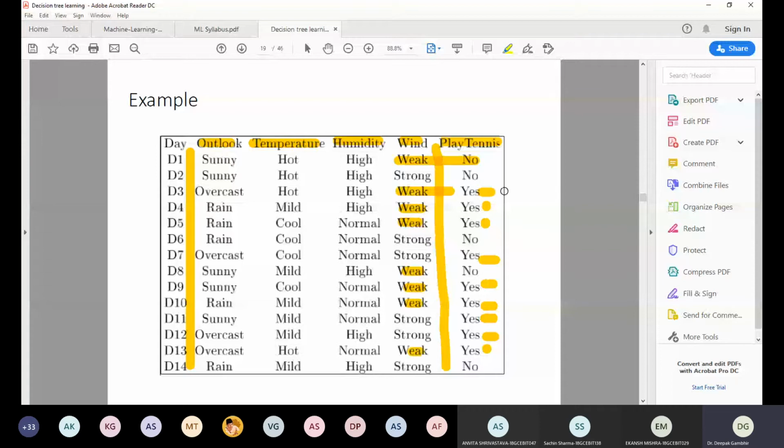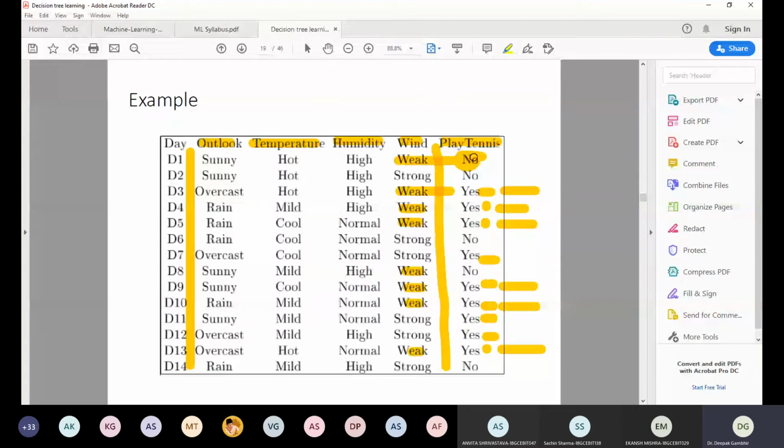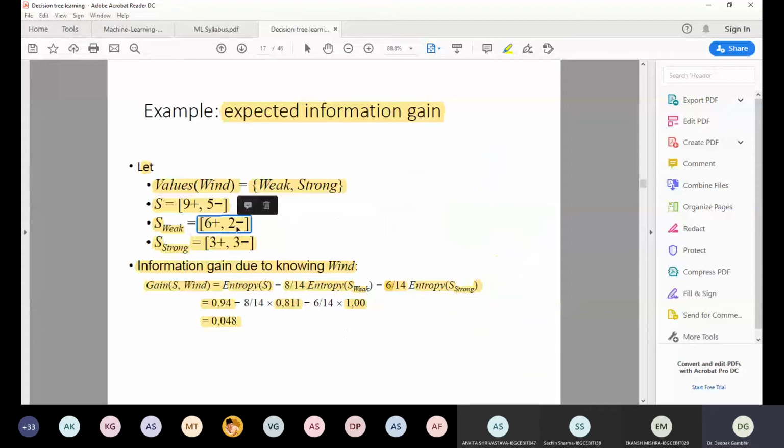Now which are the positive cases? 1, 2, 3, 4, 5, 6. So with the weak wind we have 6 positive cases, so I have written 6 positive. Similarly, for the weak wind there are 1 and 2 negative cases, so we have written 2 minus. So this is how we make the weak set.